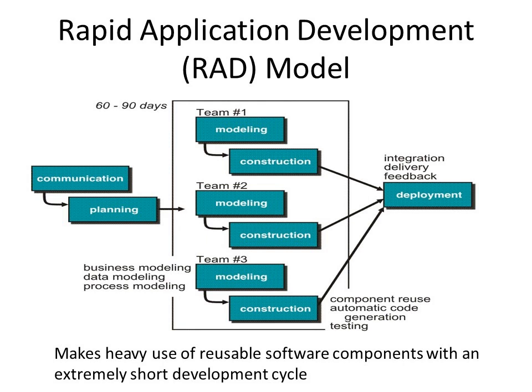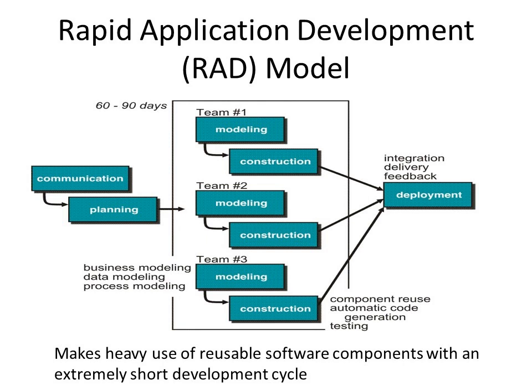RAD is a high-speed adaptation of the waterfall model, in which rapid development is achieved by using a component-based construction approach. If requirements are well understood and project scope is constrained, the RAD process enables a development team to create a fully functional system within a short period of time.